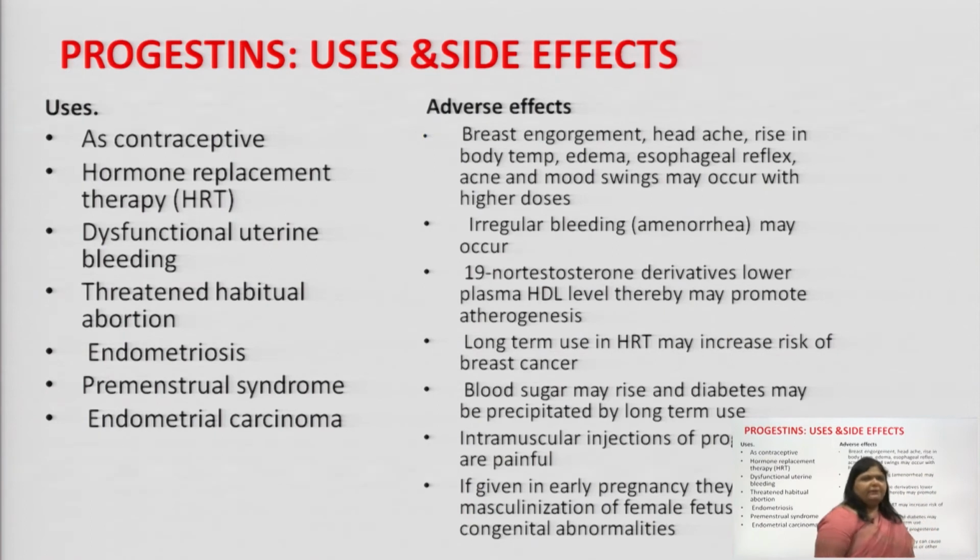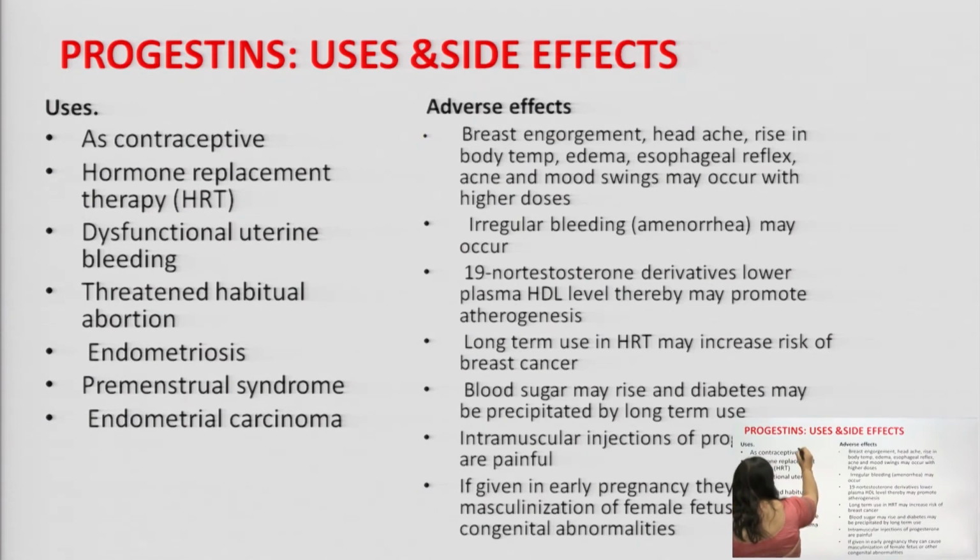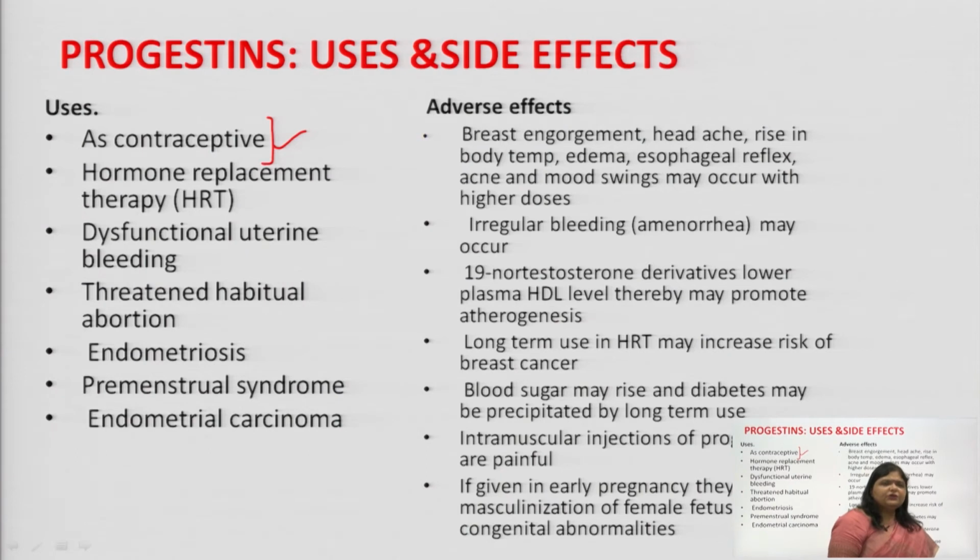Now, what are the major uses of progesterones or progestins? Along with estrogens, these progestins are primarily used as contraceptives. They are also used as hormone replacement therapy in menopausal women, and in dysfunctional uterine bleeding. Dysfunctional uterine bleeding means when there is heavy bleeding or there is amenorrhea.